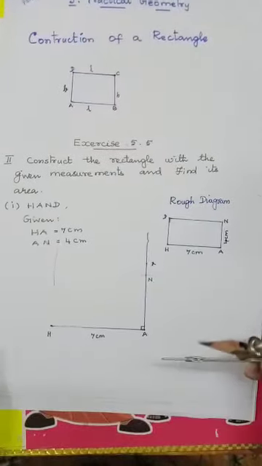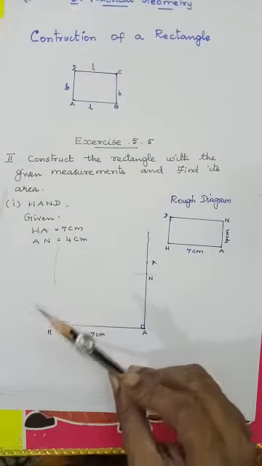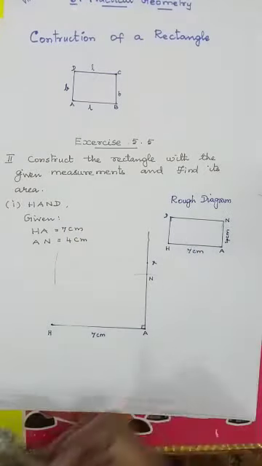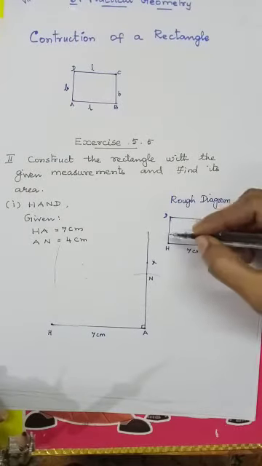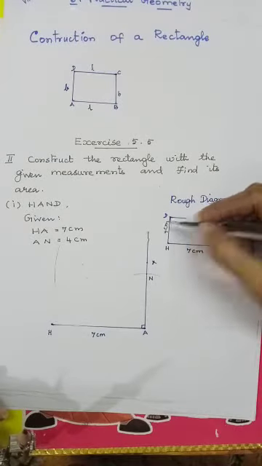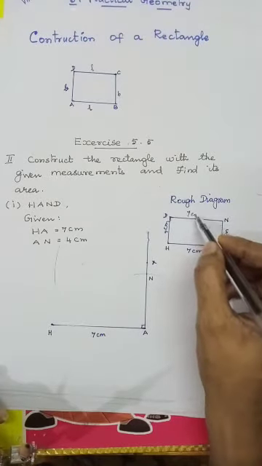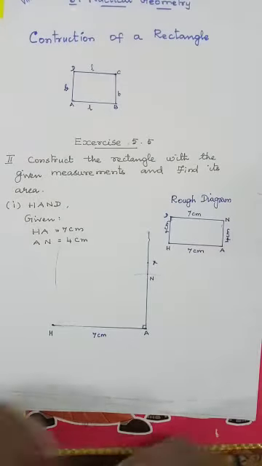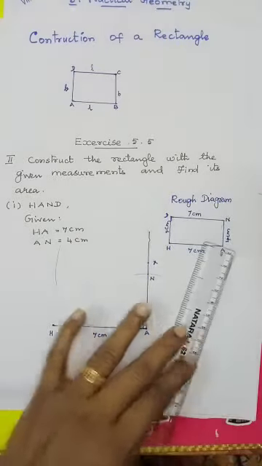Again, from H to D we have to draw 4 cm. Here 4 cm. Opposite sides are equal, isn't it? So we again take 4 cm.